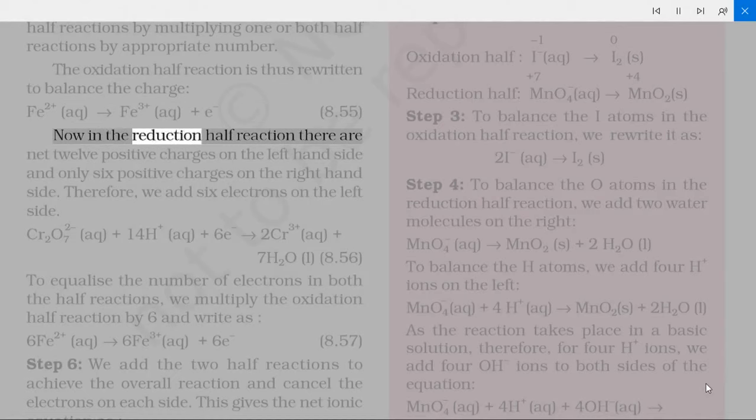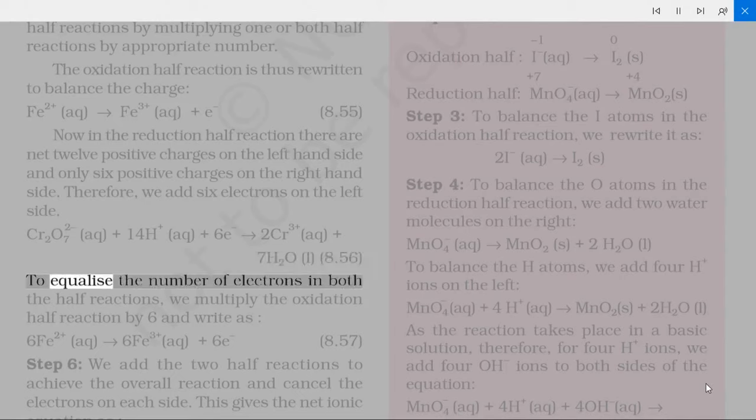Now in the reduction half reaction there are net 12 positive charges on the left hand side and only 6 positive charges on the right hand side. Therefore, we add 6 electrons on the left side. Cr2O7²⁻(aq) + 14H⁺(aq) + 6e⁻ → 2Cr³⁺(aq) + 7H2O(l) (8.56).